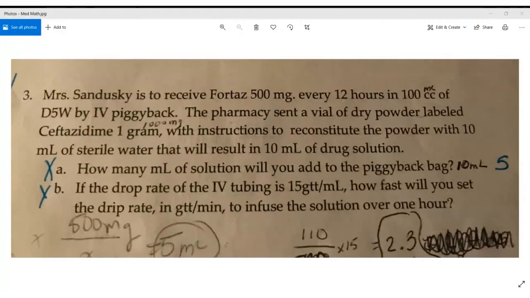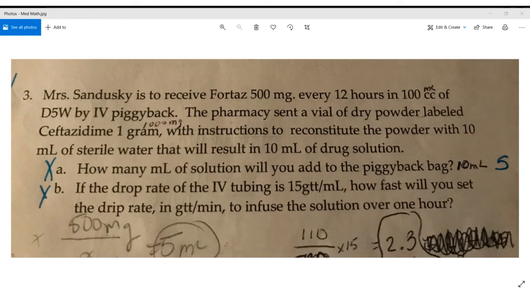Let's read the question together. Patient is to receive Ceftaz, so that's the brand name. Ceftaz 500 milligrams Q12 in 100 cc's or milliliters of D5W by IV piggyback. The pharmacy sent a vial of dry powder labeled Ceftaz 1 gram with instructions to reconstitute the powder with 10 ml of sterile water that will result in 10 ml of drug solution.